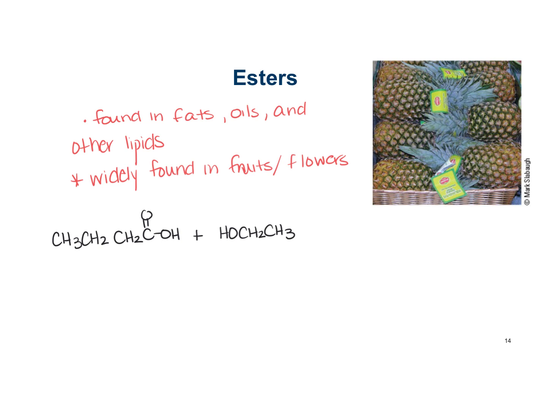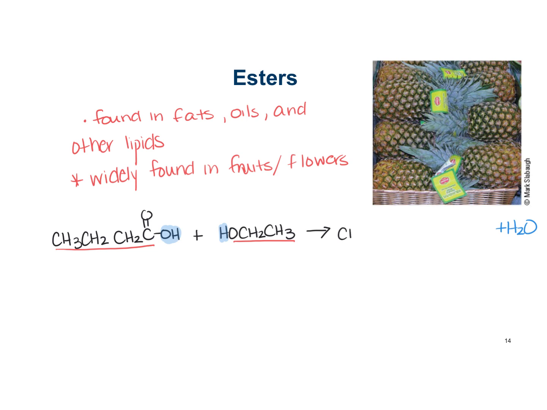When you look at this and you're trying to predict the products, it helps to highlight what's going to leave as water. It's the hydrogen from the alcohol and the OH from the carboxylic acid, and they leave and form water. Then the two groups that are left, you attach them.